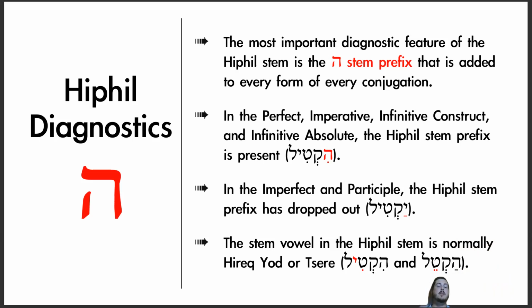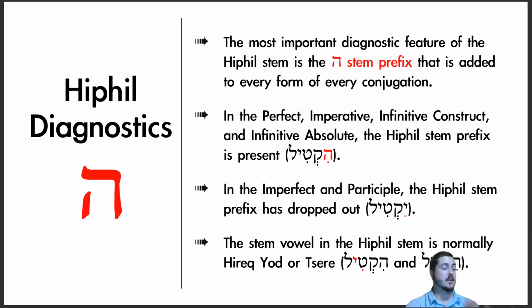It's extremely common in the Hifil. It's called a stem vowel, meaning it's the vowel in the middle of the stem. We're looking up here at the board. Vayomer, the stem vowel would be that segol underneath the mem up there on that very first one. That's the stem vowel. All right, so the stem vowel is usually going to be hireq yod. It can often be a tsere. Okay? That's a diagnostic feature also.